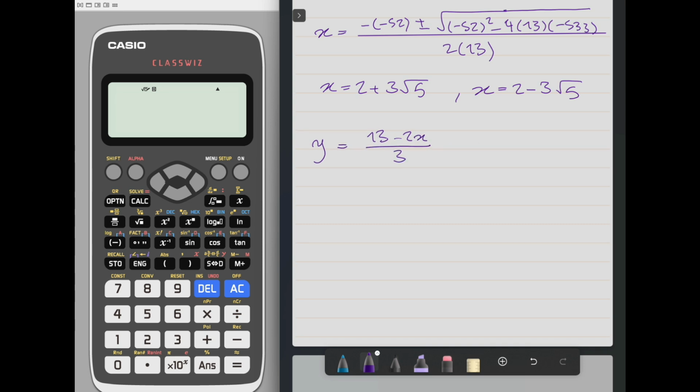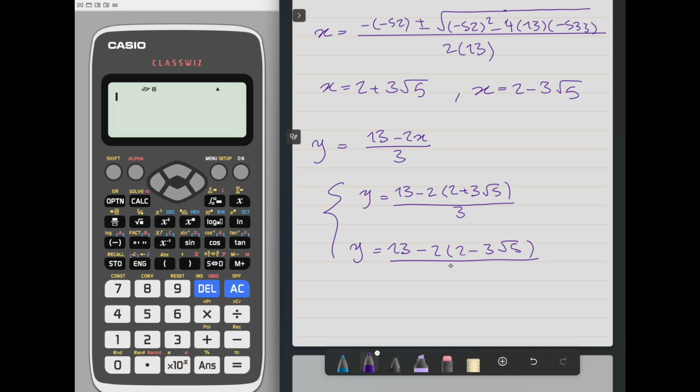So let me just write it here. y is going to be equal to 13 minus 2 times 2 plus 3 root 5 over 3, and y is going to be equal to 13 minus 2 times 2 minus 3 root 5 over 3.